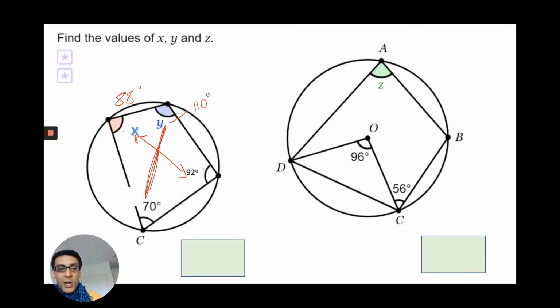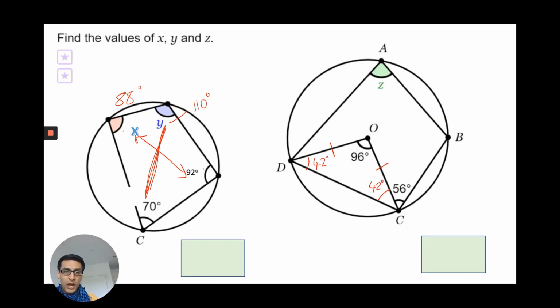We know that these two are radii, therefore DOC is an isosceles triangle, and that means that these two angles are angles we can work out. So 180 minus 96 divided by 2, so this will be 42 degrees. This will also be 42 degrees.